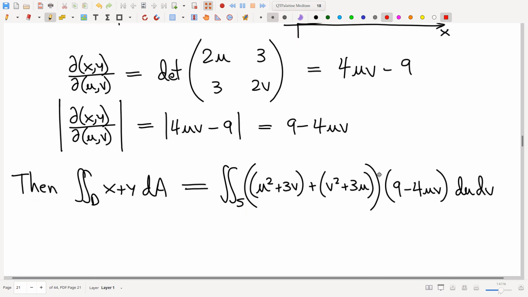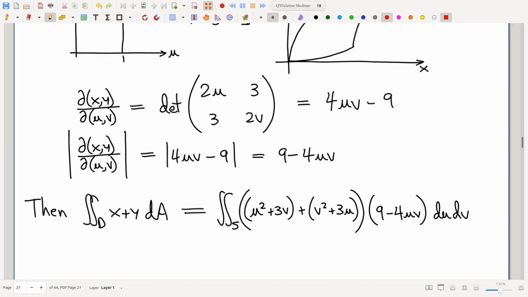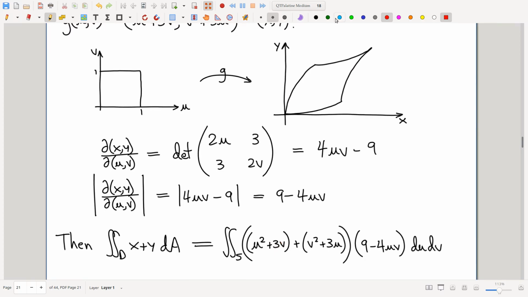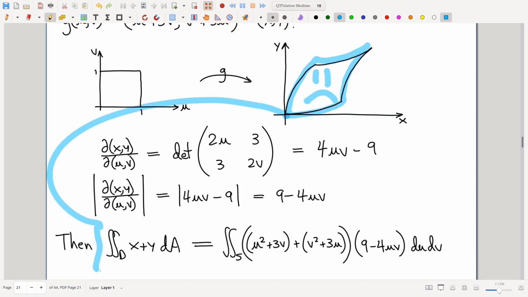Okay, so we're in business, and it's all over with the shouting. We started off with this highly undesirable domain over which we wanted to do some integral. That's going to be hard, right?